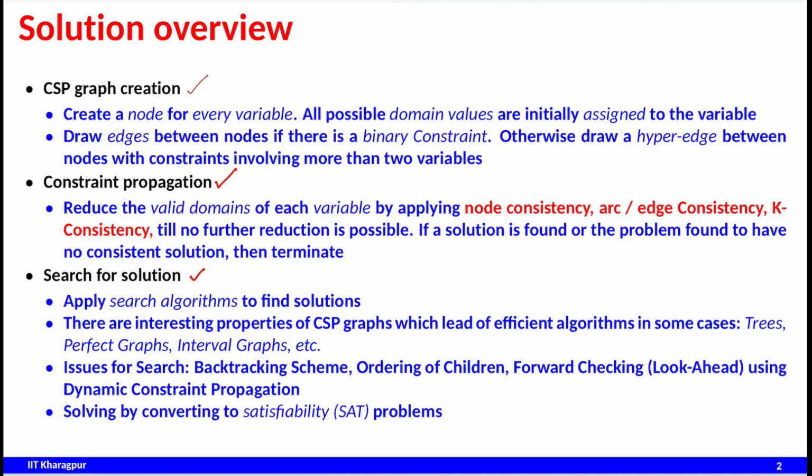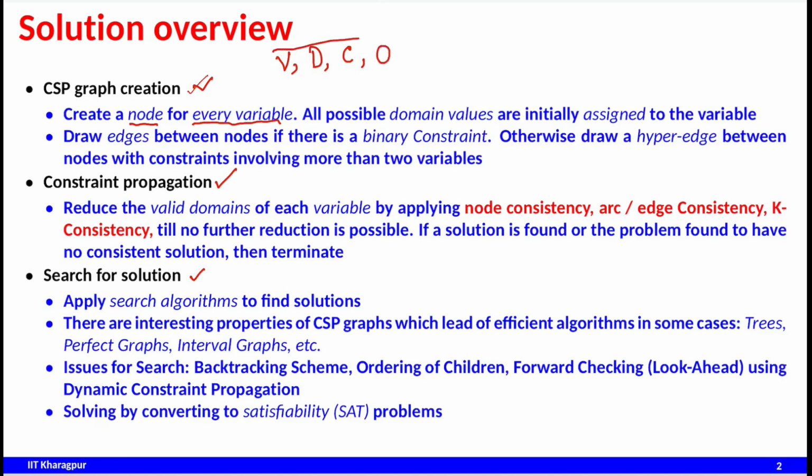For CSP graph creation, we create a node for every variable. When we try to model a problem in CSP, we know we have to define a set of variables. So we have a set of variables P. For every variable we have a domain D, and we have a set of constraints that the variables need to satisfy, and there can be some optimization function.